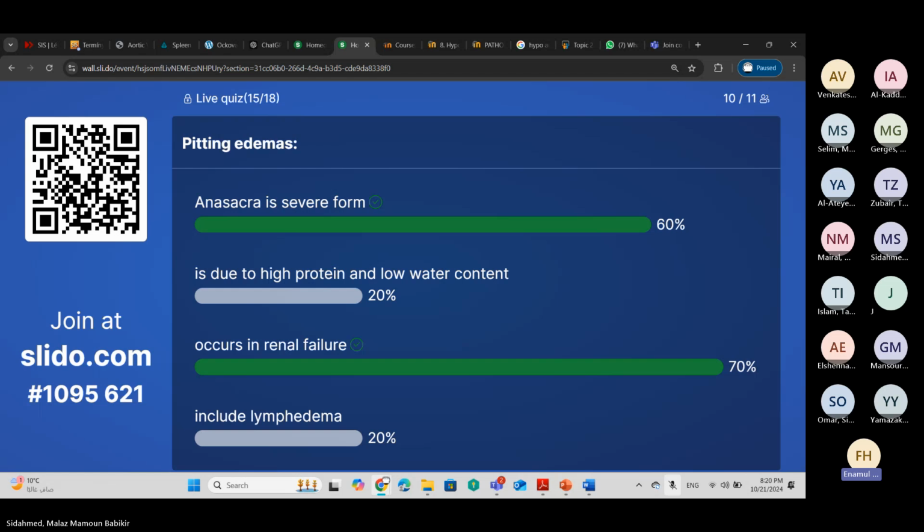Occurs in renal failure. Yes, this is true. So generally in renal failure, you have a reduced glomerular filtration rate. Usually edemas would also come with hypertension, and the exact cause of the special type of edema seen in renal failure is not exactly known, but you can assume that perhaps the hypertension or the reduced GFR contributes to an increased hydrostatic pressure.